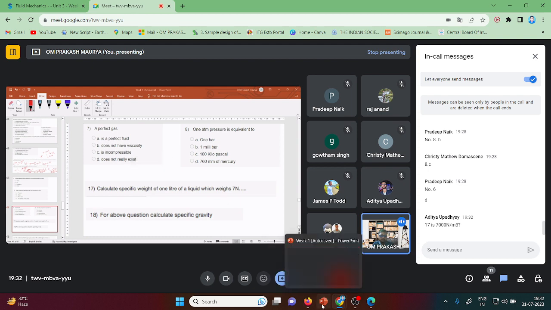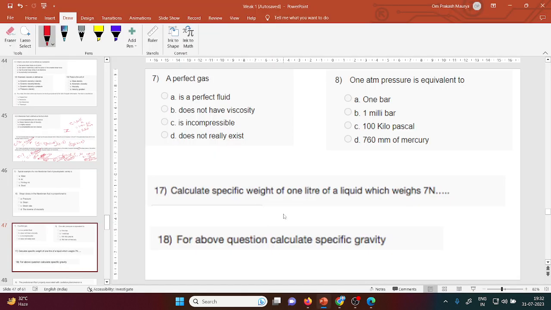Let me explain how you can get it. The specific weight means here the weight per unit volume. The weight is given as 7 Newton and the volume is given as 1 liter.